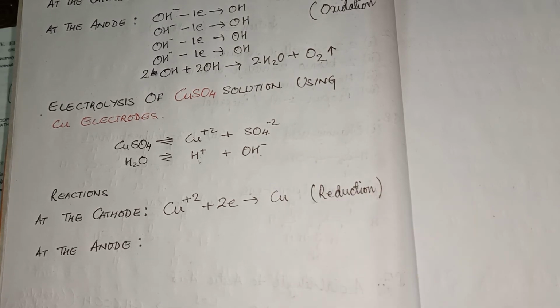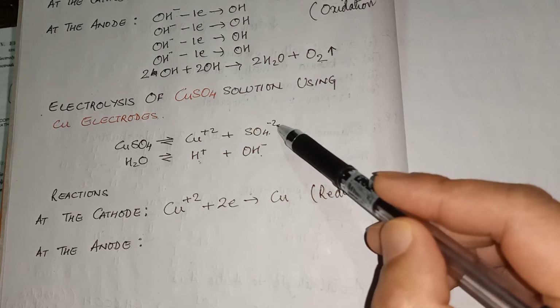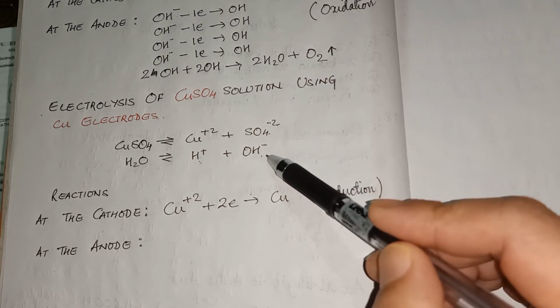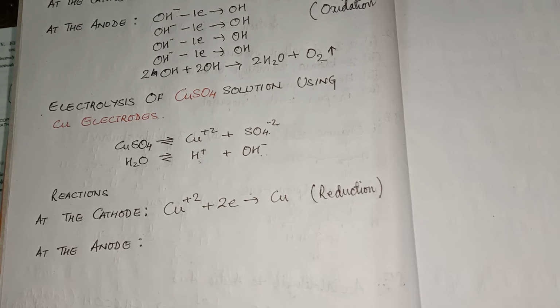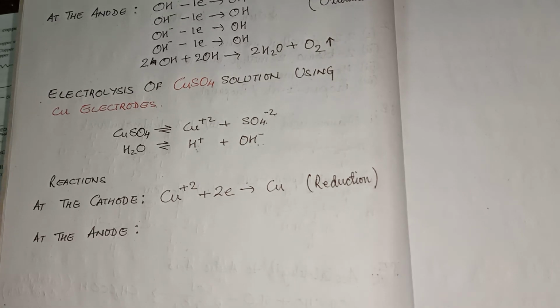Now both the ions migrate towards the anode, but according to the electrochemical series, which one gets readily discharged? It is hydroxide. Now what type of reaction can we expect at the anode? It is loss of electrons. So at the anode, loss of electrons takes place.